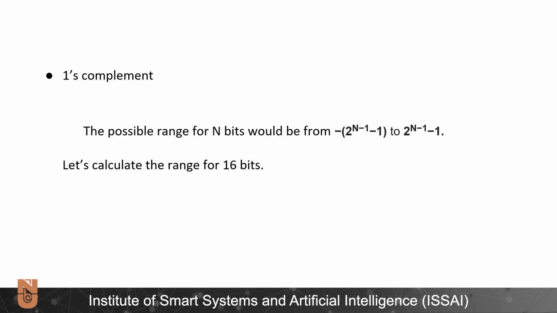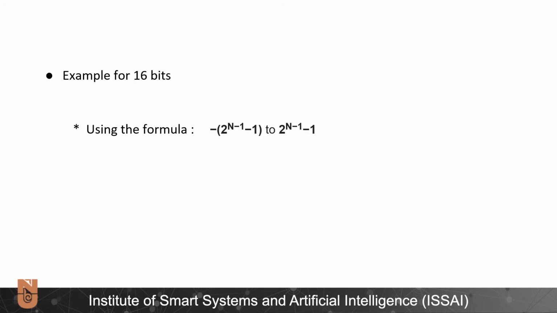The possible range of values that can be represented using ones complement can be calculated using the formula on the video, which is from -(2 to the power of n minus 1, minus 1) to 2 to the power of n minus 1, minus 1. As an example, let's calculate the range for 16 bits. We will use the before mentioned formula.